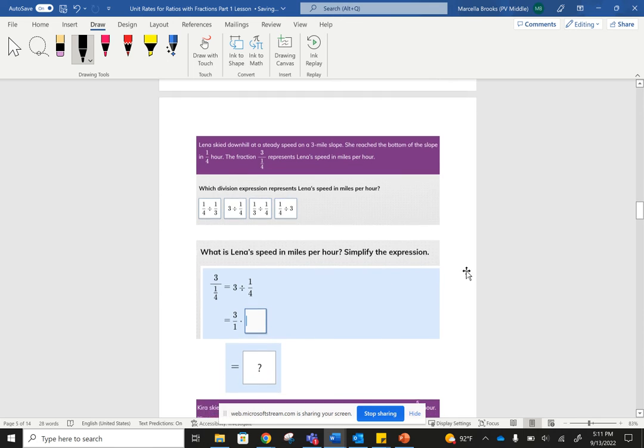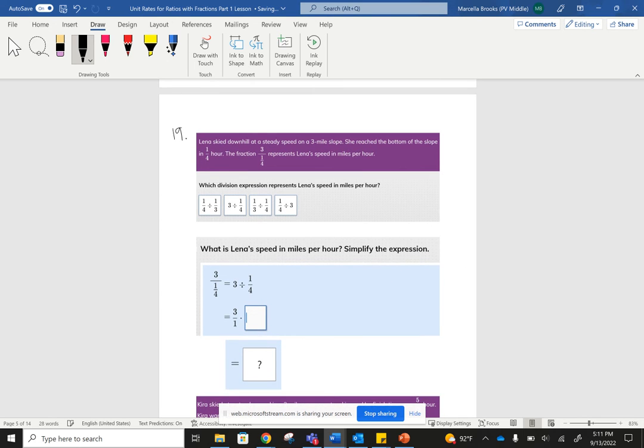All right, so 19. This is the same problem. Which division expression represents Lena's speed in miles per hour? Her given rate is the same as up here. She went 3 miles in 1/4 hour.